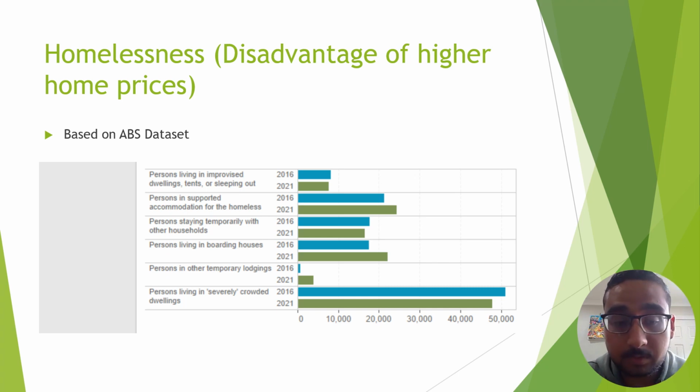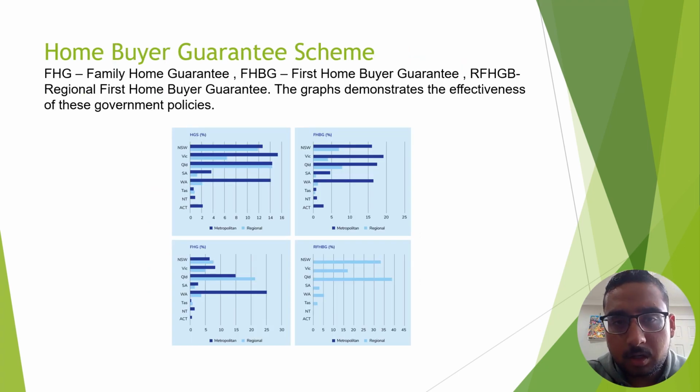Now, some of these guarantee schemes, such as the home buyer guarantee scheme, regional home buyer guarantee scheme, and first home buyer guarantee scheme, and these are the comparative bar graphs that represent the effectiveness of these schemes. So as learned in BUSA 2020, it is important for the graphs to show the effectiveness of the particular policy.